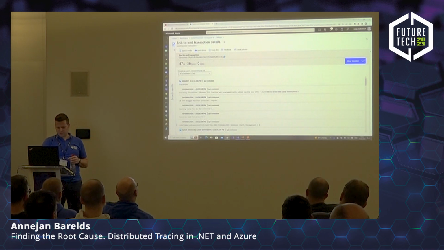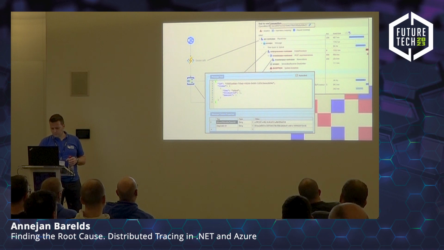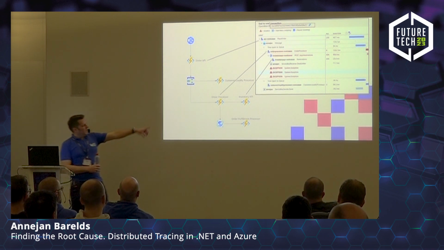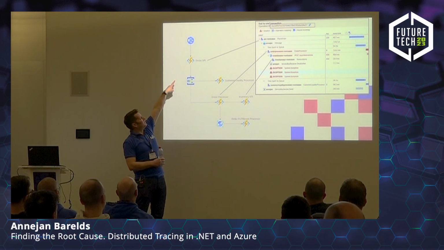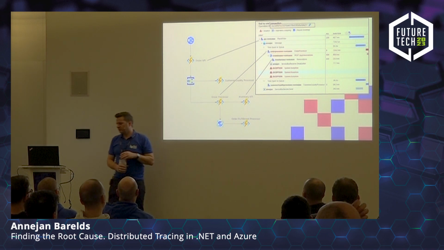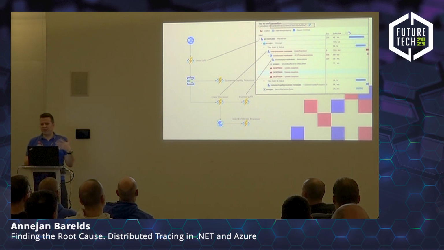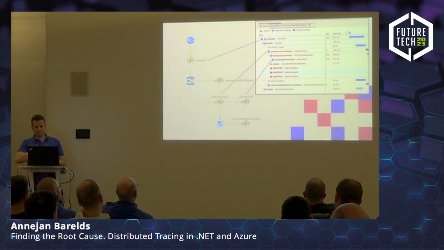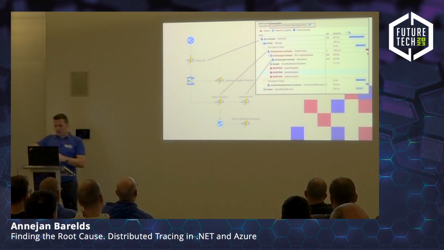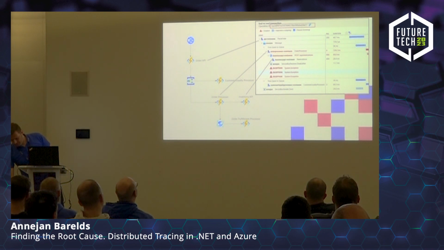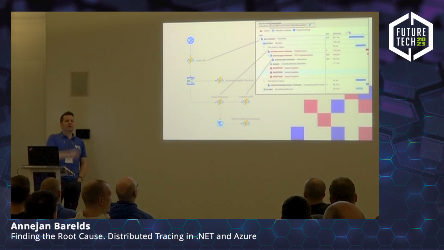So let's just go back to that. In the inventory API, I'm getting a 404. This is raising an exception, and that's actually where the problem is. And I can find out because I have distributed tracing.